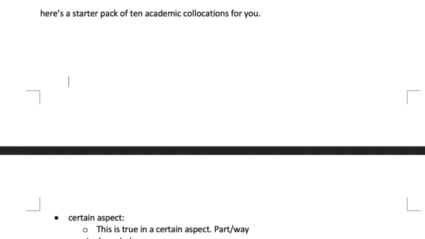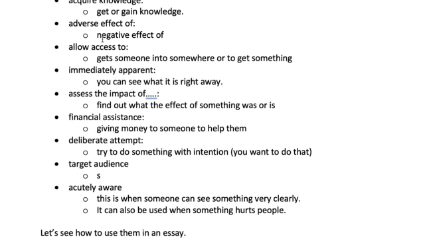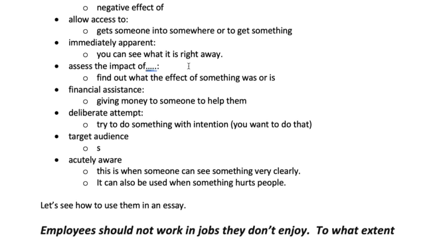Just put this down for you. So we have certain aspect. This is true in a certain aspect, so a part or a way. Acquire knowledge, get or gain knowledge. Adverse effect of, allow access to, get someone into somewhere or something. Immediately apparent, you can see what it is right away.